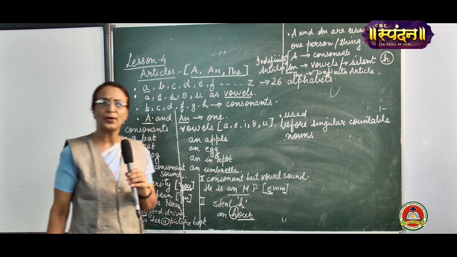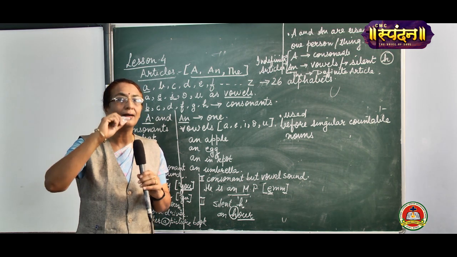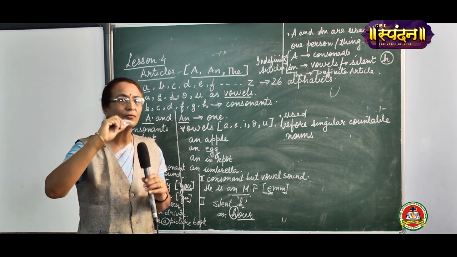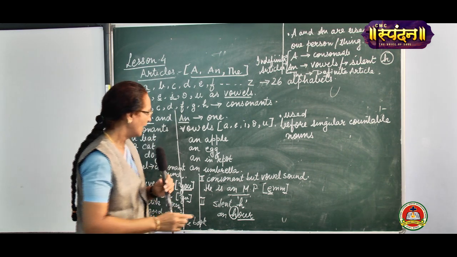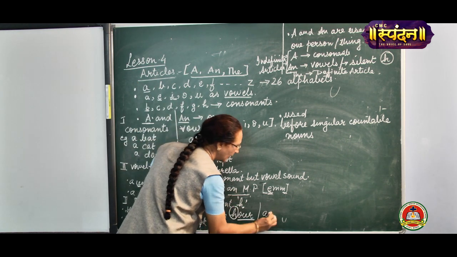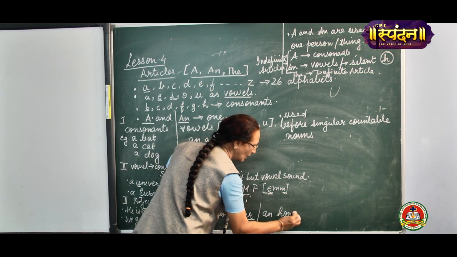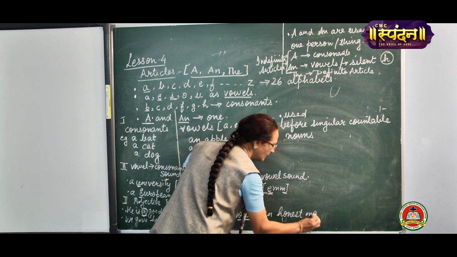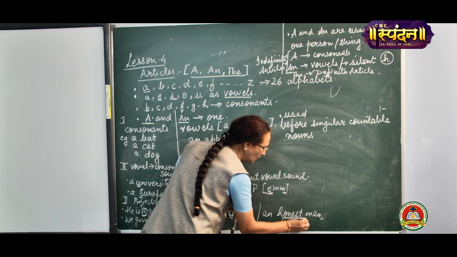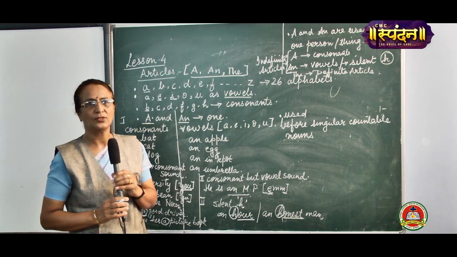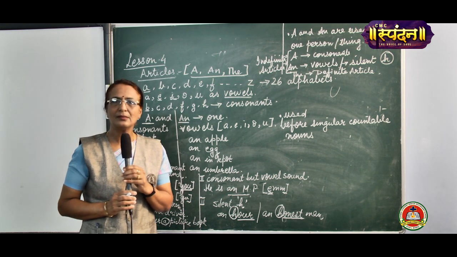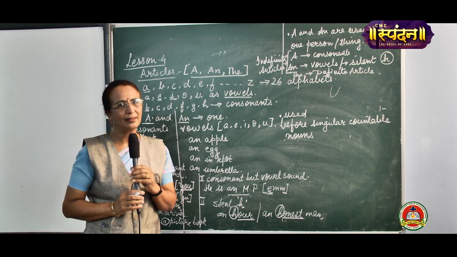Please come after an hour. It is starting from A-U, R. Is that clear? An honest man. Again you are pronouncing honest. H is silent. Is that clear to you?